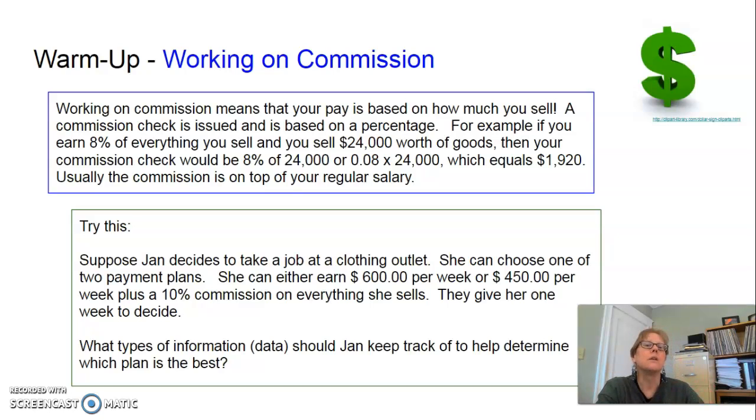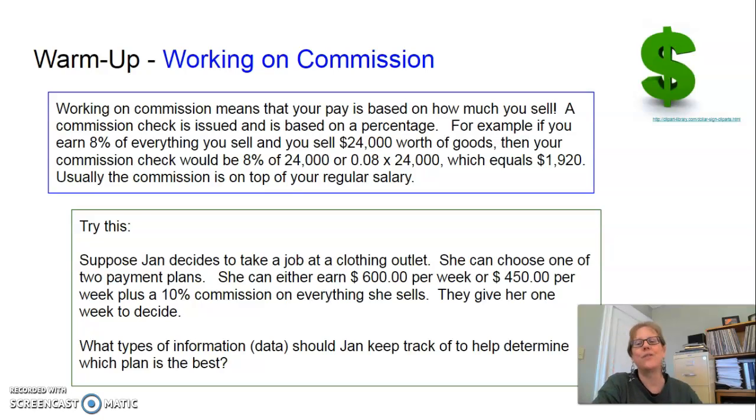A commission check is issued and it's based on a percentage. For example, if you earn 8% of everything you sell and you sell $24,000 worth of goods, then your commission check would be 8% of 24,000, or, you know me, I like to use decimals, 0.08 times 24,000, which equals $1,920.